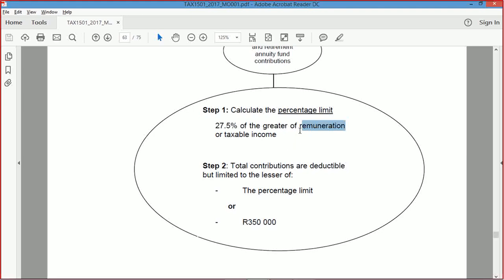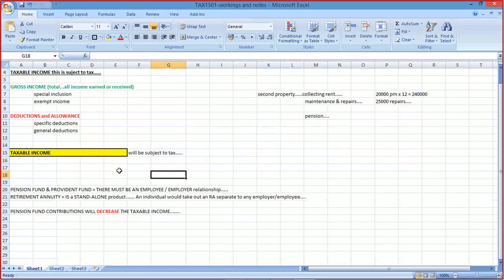Remuneration is basically your salary or your wage. Taxable income is after those deductions. So you are allowed a limit of 27.5% of the greater of your remuneration or your taxable income. Either one would be your limit. That's what we need to get.